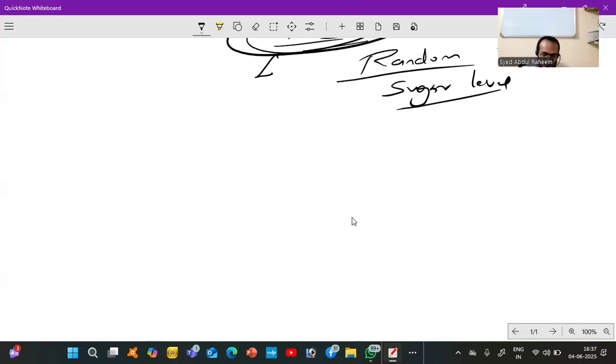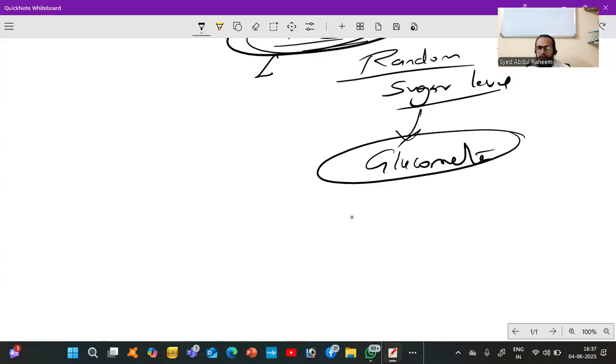RBS, very, very important. This test is done with a glucometer, now available in every hospital and clinic. You prick, take the blood on the strip, just one drop of blood needed. Then you will get the sugar levels.